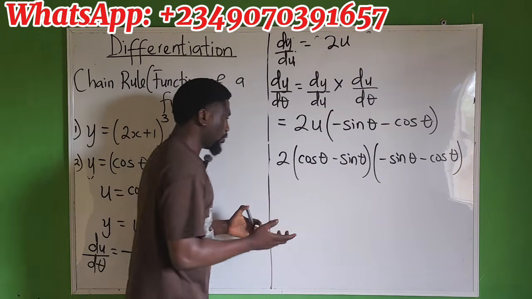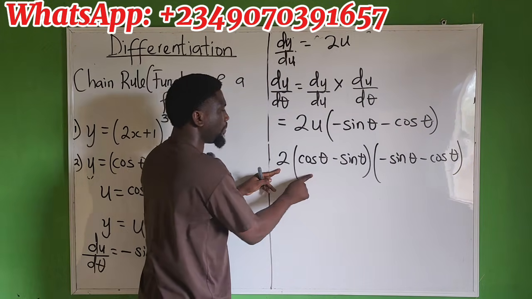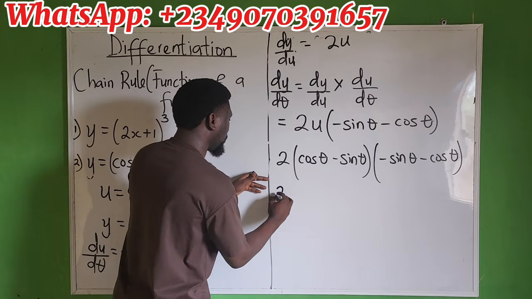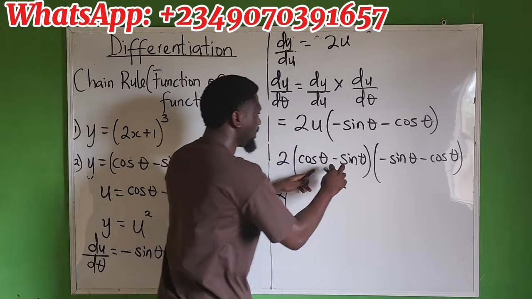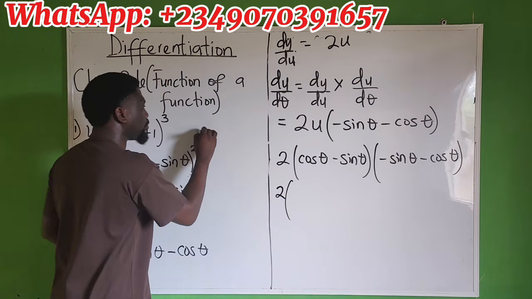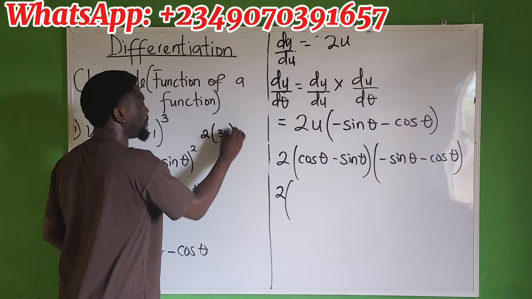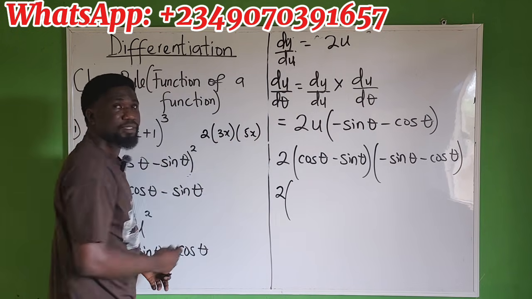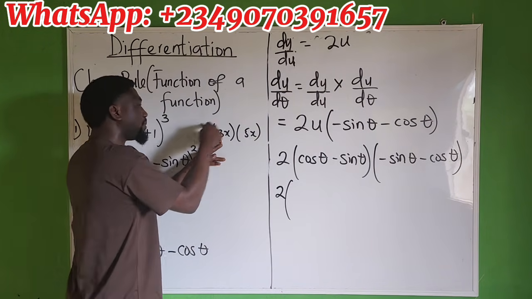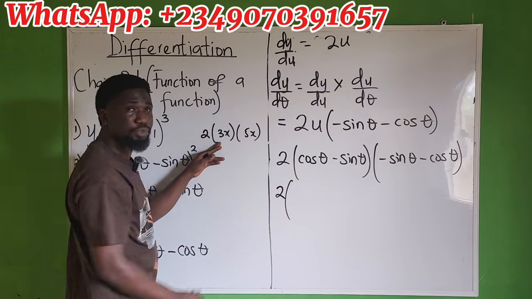Alright. So we are multiplying 2 by this and then by this. What I would love to do now is let me leave 2 out and then multiply this by this. So it's almost like me having 2 multiplied by 3x multiplied by 5x. Then I decide to multiply 3x by 5x before multiplying by 2. So that's what I want to do here.